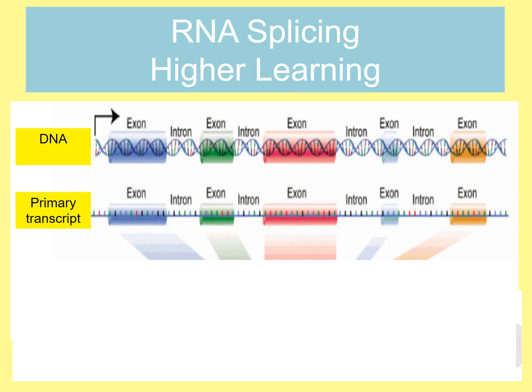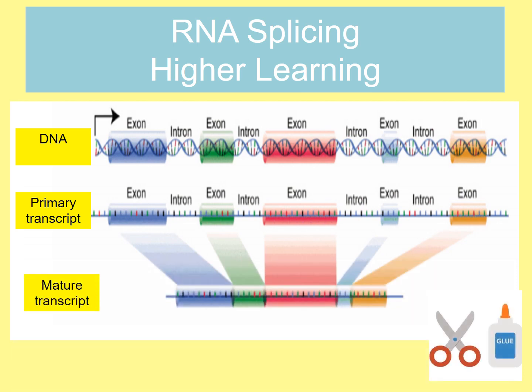And then the exons, which are the coding area, are spliced together to form a messenger RNA that has a continuous sequence of nucleotides that will code for the final protein. So the order of exons remains unchanged during the splicing process.